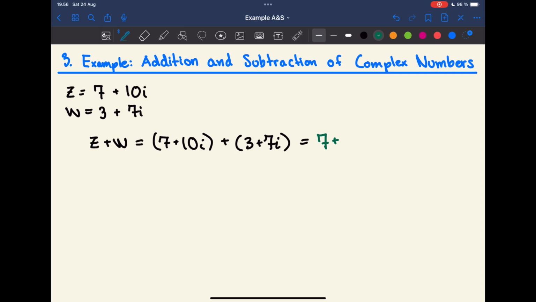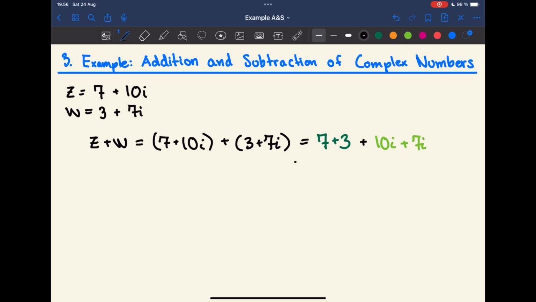So it's 7 plus 3, that's the real part of c and the real part of w. And then we have to add, let's make the imaginary part maybe another shade of green. All right, so the imaginary part is 10i for c, and we add it with 7i for w.